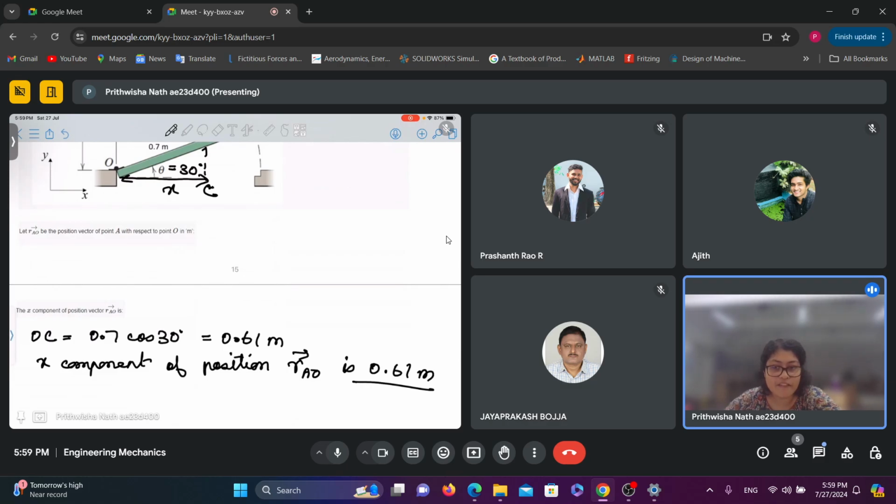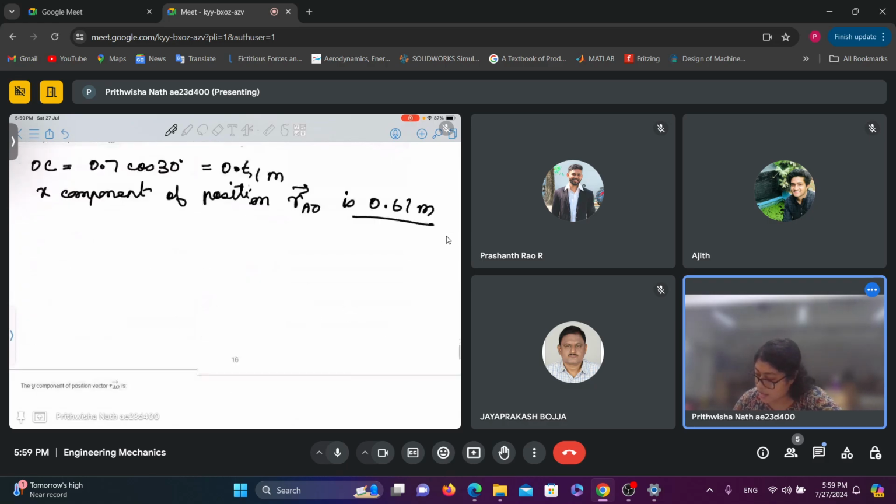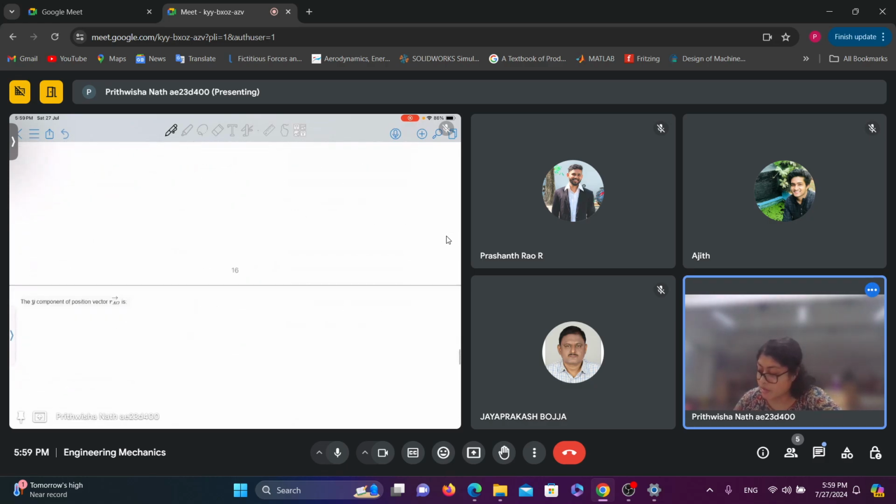You can ask me if you have any question regarding this x component of position vector AO. So I'll move on to the next question then.